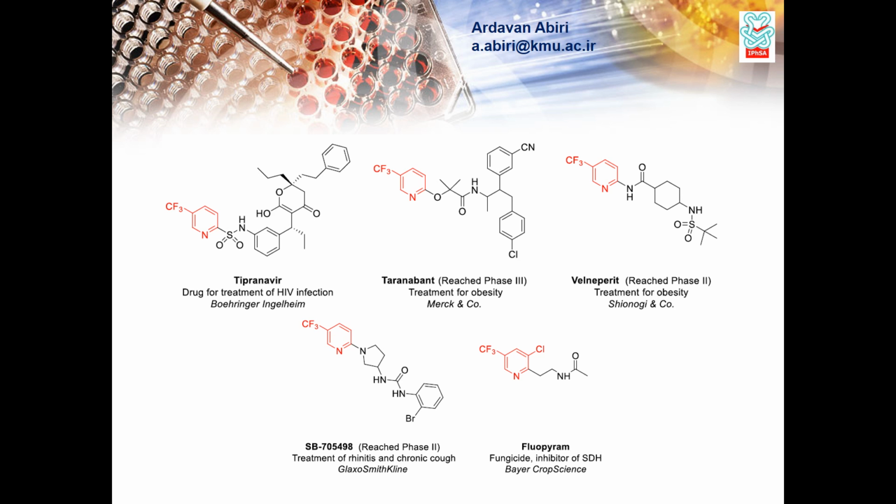And its mechanism of action is somehow unknown, but it is thought to some degree to be mediated by TRPV1 inhibition and antagonism. And the final structure is foloprigon, which is a fungicide and an inhibitor of the succinate dehydrogenase enzyme.